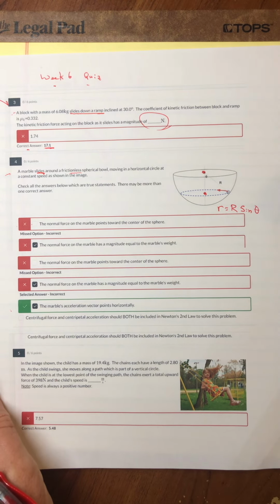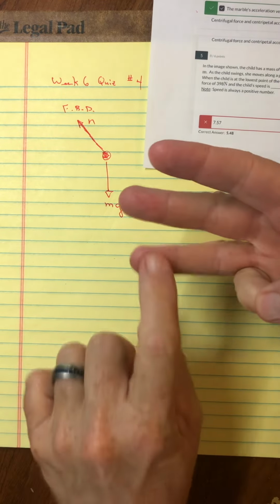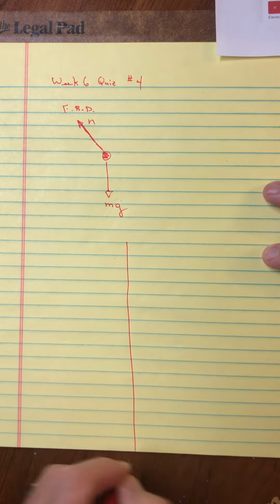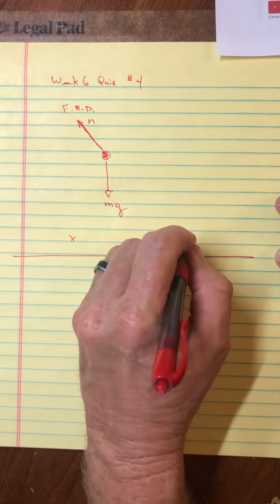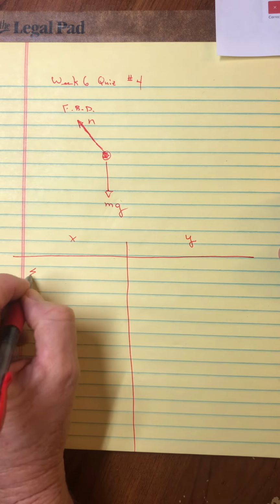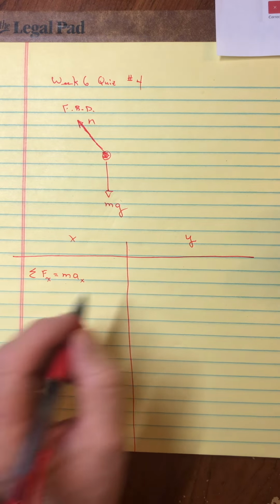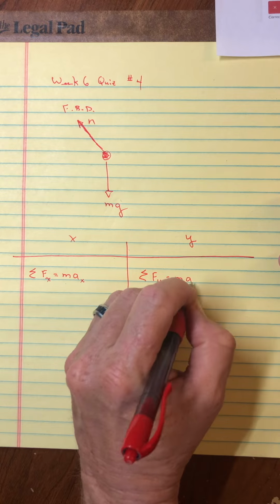So then if I continue on here, I would say now I'm ready to go and write out the equations. Okay. Now, as I often say in my help videos here, for something like this, I would divide your paper into two pieces, X and Y, because then there is the sum of the forces in the x direction, which equals mass times acceleration in the x direction, and the sum of the forces in the y direction.